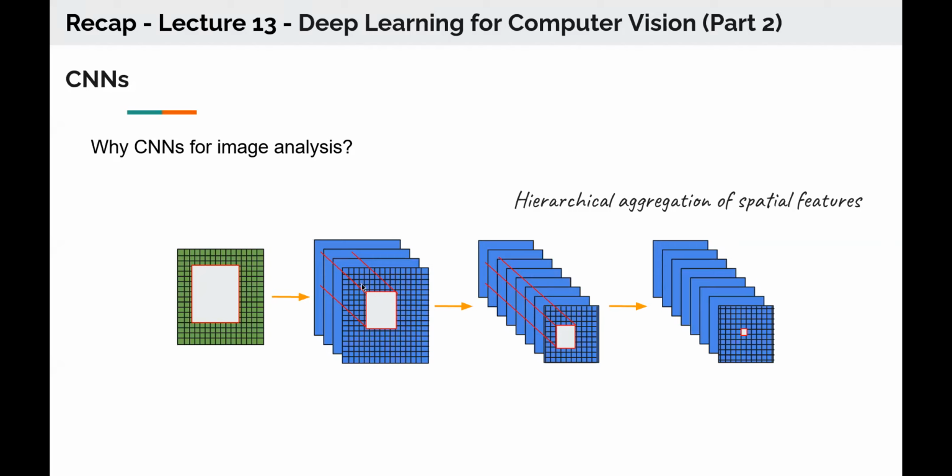And then these features are built upon as we go deeper into the network. And then we said that this is nice because images themselves have this kind of hierarchy. So the images themselves have more abstract things like organs and so on, which are built upon low level features like edges and so on. So this kind of alignment between the kind of features that naturally exist in images and the way in which CNNs analyze these images is very nice. So this makes CNNs very well suited for image analysis.